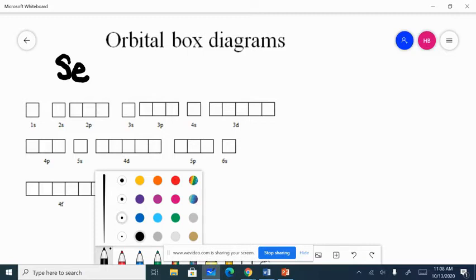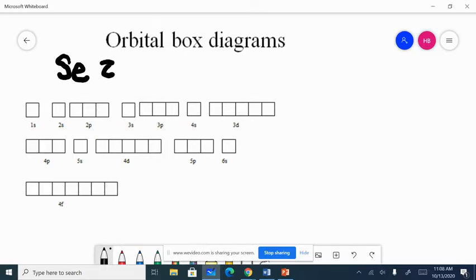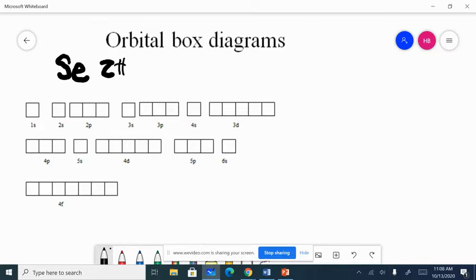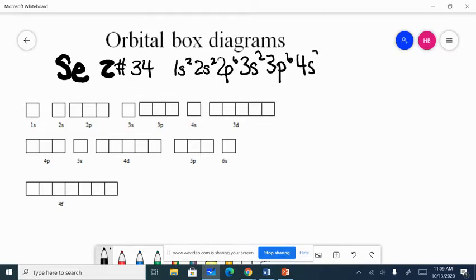Selenium is number 34, so it has a Z number of 34. So I'm going to do the complete electron configuration first with 34 electrons. 1s2, 2s2, 2p6, 3s2, 3p6, 4s2.